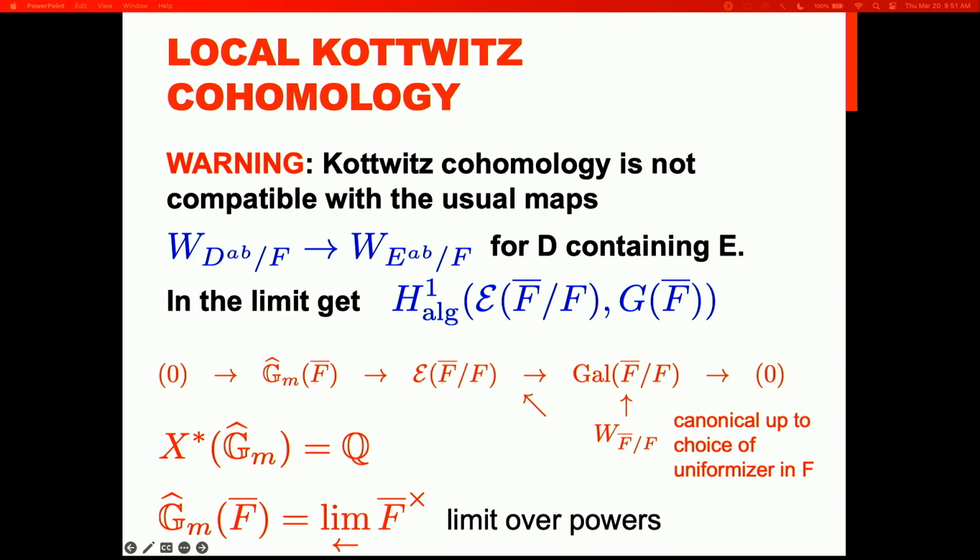So the F bar points are just some limit of F bar cross over all nth power maps. And this is an extension completely canonically associated to F bar and F.